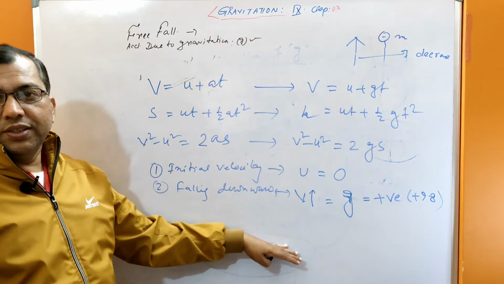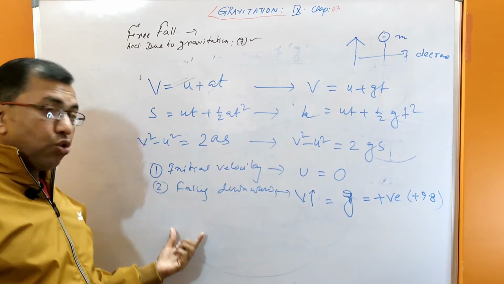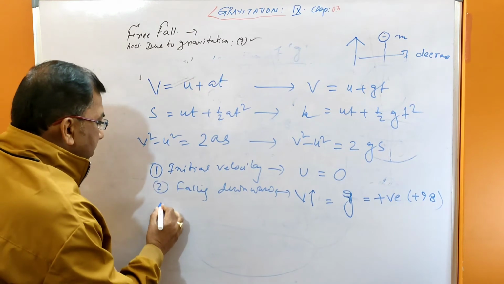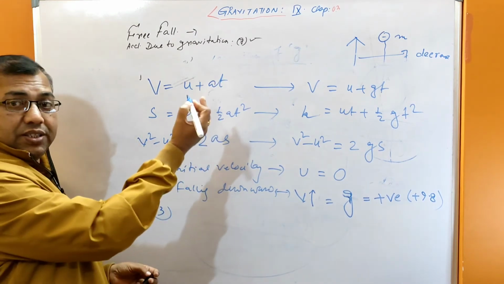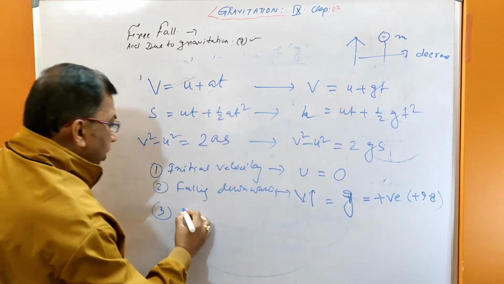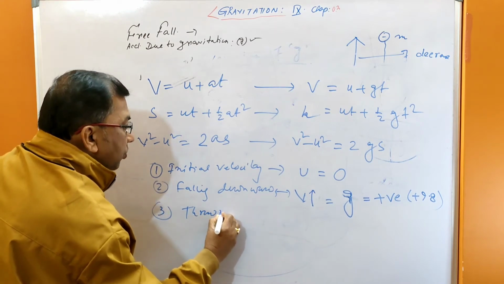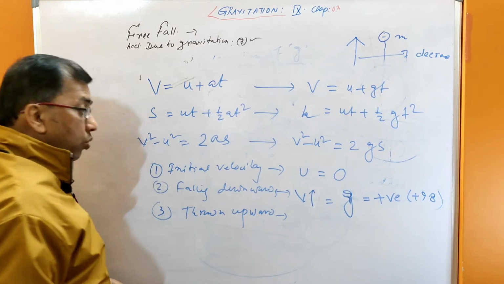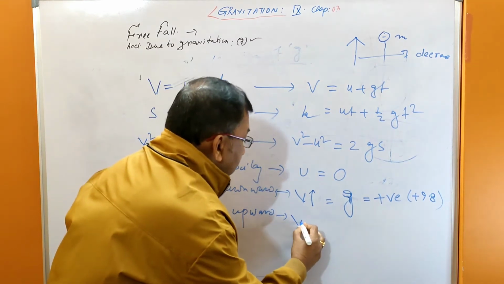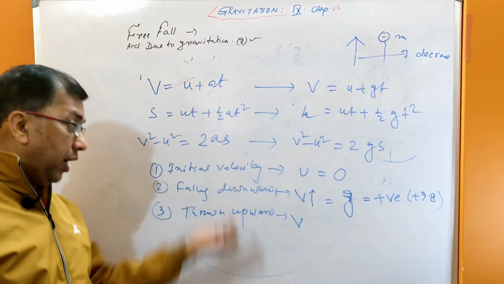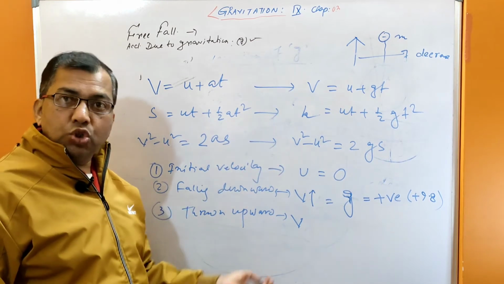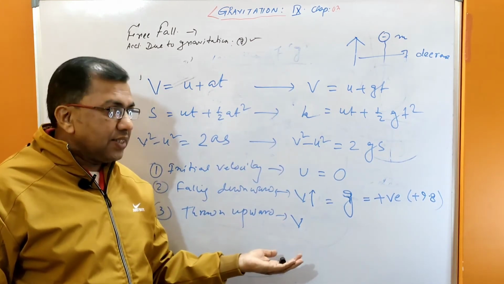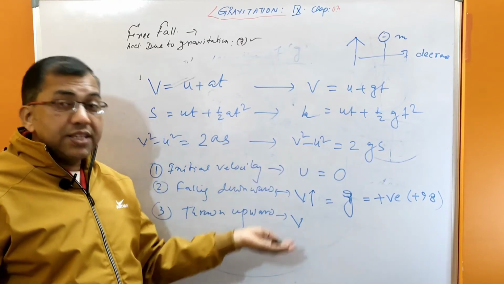It is downwards. And if I throw a body upwards, thrown upwards, in that case, what will be the V? Velocity gradually decreases, because there is force against gravity.